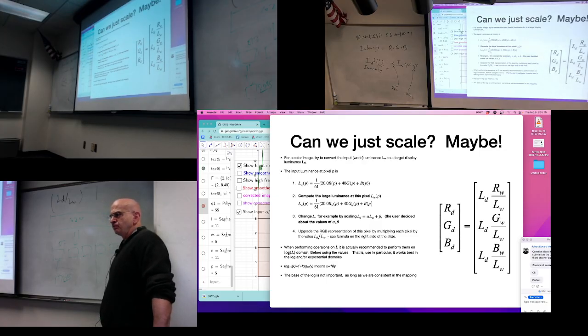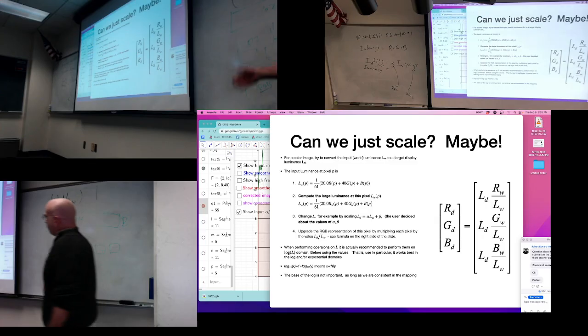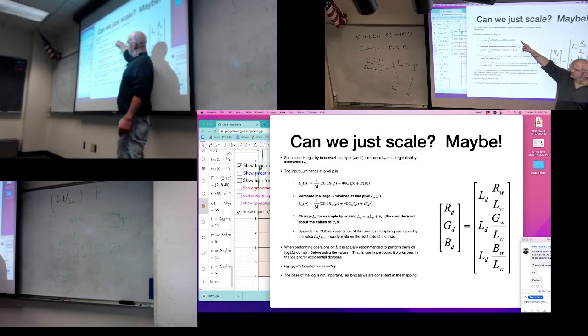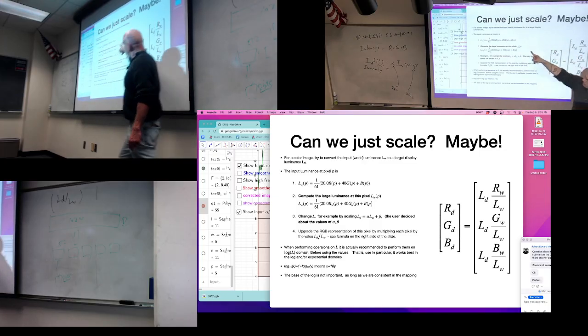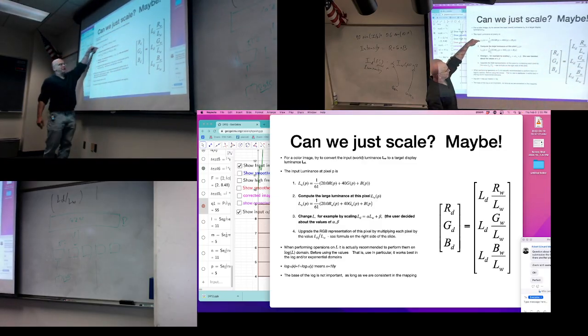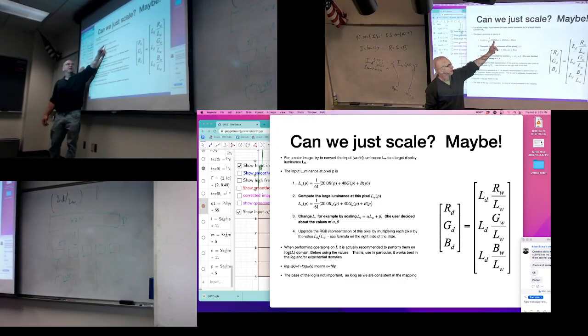Everybody is good? So recap: look at a pixel from the input in the world, compute its luminosity by following this formula. RGB are between 0 and 1.